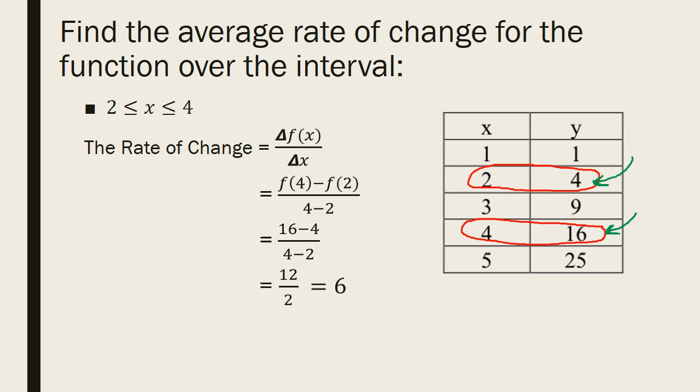We need to find the difference in y, which is in this case 16 minus 4, which equals 12, and then the difference in x, which is 4 minus 2 equals 2. We end up with the difference in y, which is 12, over the difference in x, which is 2. So we end up with the same answer as the answer we got using the formula.